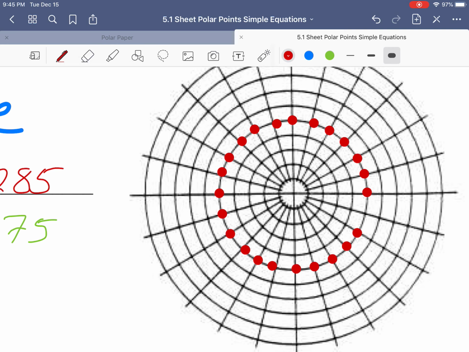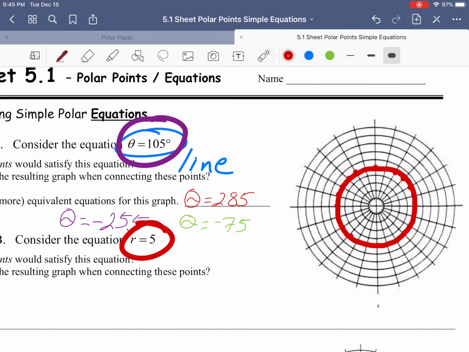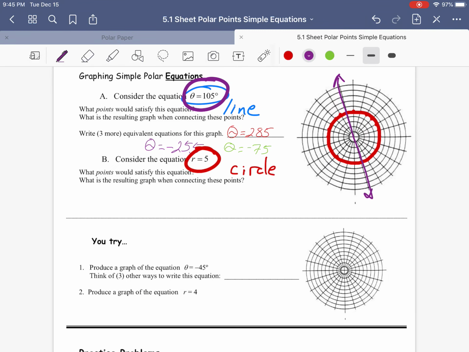And so technically what I'm really graphing is a circle. It's this circular line that would represent the equation r equals 5. So we have two simple equations. One of them creates literally a diagonal line, and the other literally creates a circle, but both of them can be graphed.